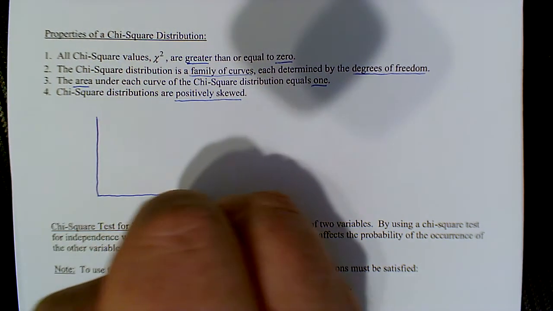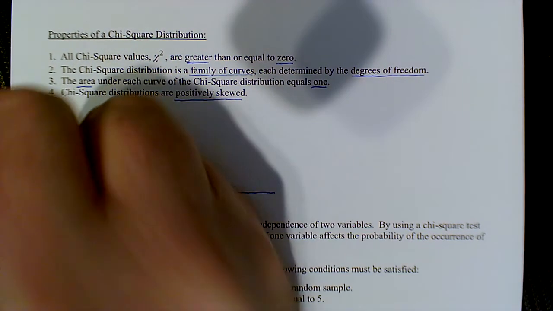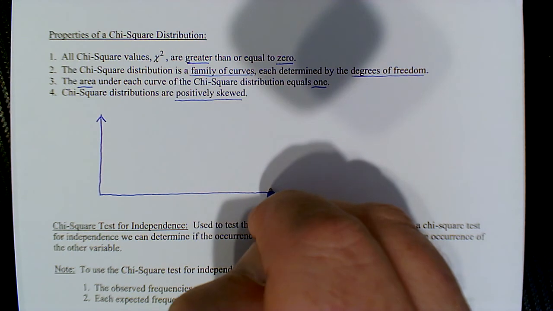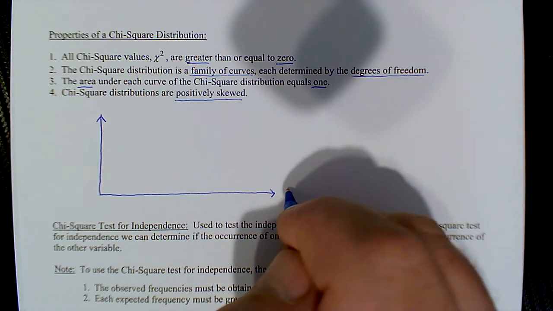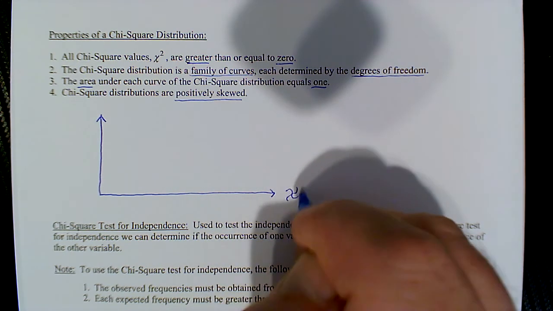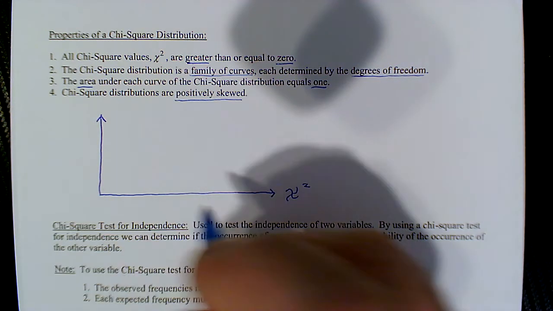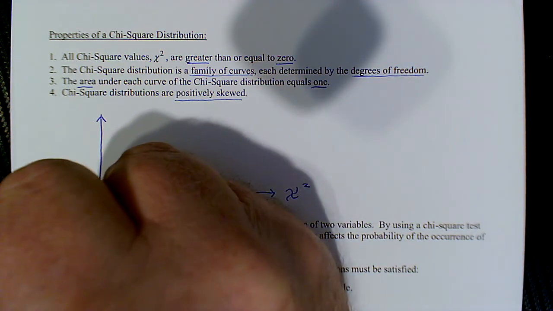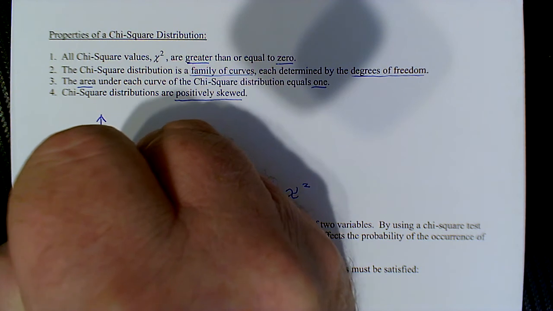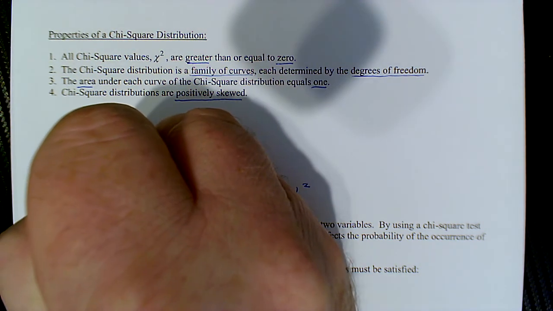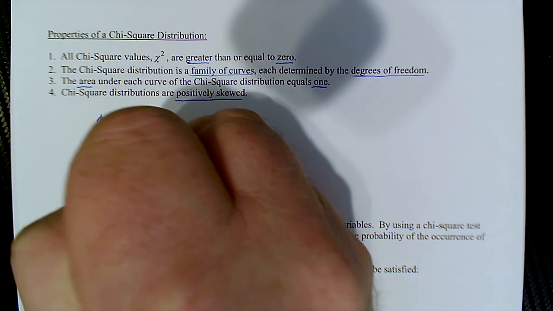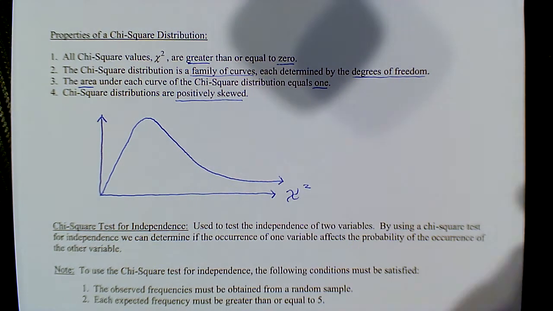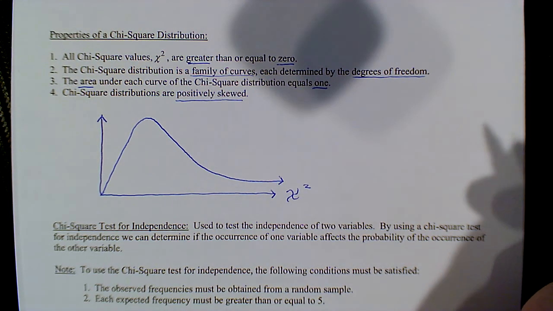if we draw the axes, we draw a vertical axis because we're starting at zero. This would be the value of chi-square, and it basically looks like you're going on a roller coaster. That is, you go up the hill, and then you reach the peak, and then you go down the hill.